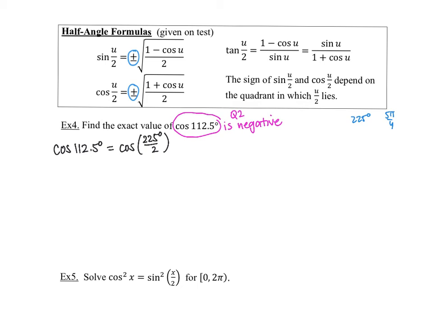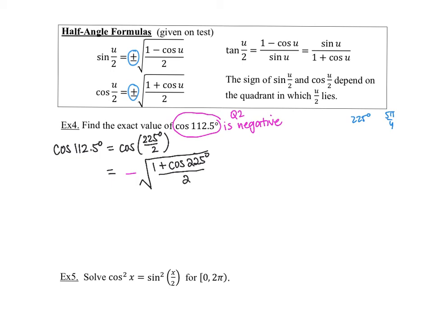Now let me look at the formula. Plus or minus, it's going to be negative because 112.5 is in quadrant 2. Let me write the formula. This is cosine, so it's 1 plus the cosine of the number I divided by 2, so the cosine of 225 degrees, and the whole thing divided by 2.